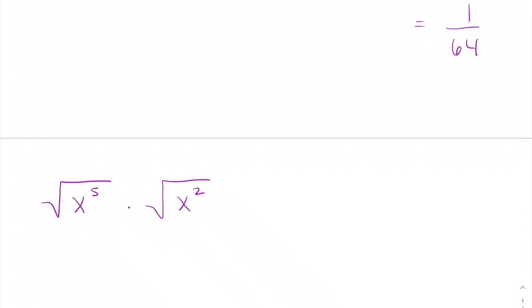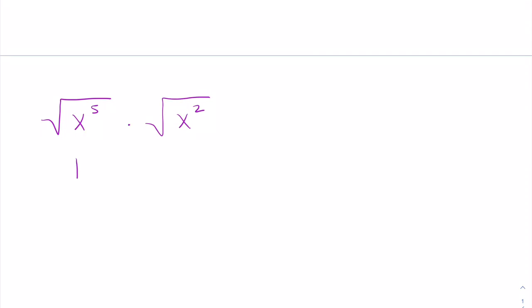So when you've got more than one radical and you're trying to combine it, the first thing that you want to do here is write everything with a rational exponent. So remember how we do that. The exponent is on top, the root, this is a square root, is on the bottom. And the same thing over here, the exponent is on top, and the root is on the bottom.